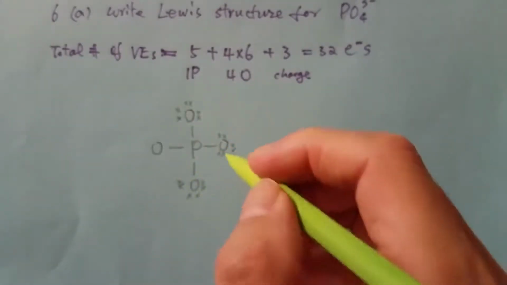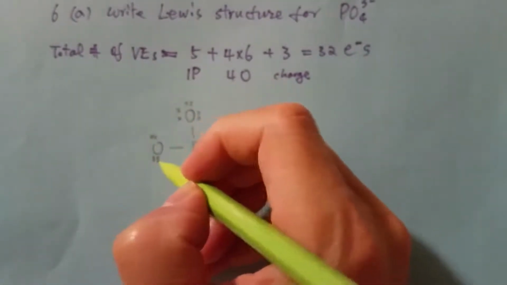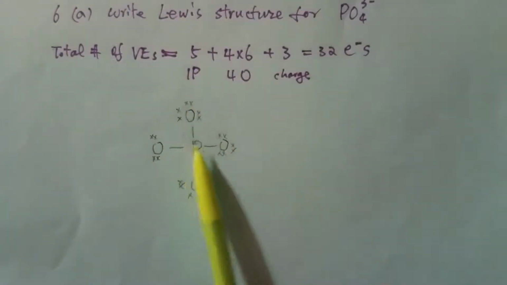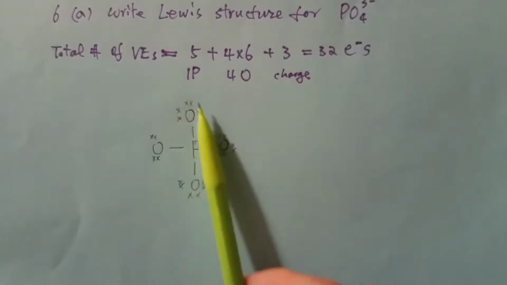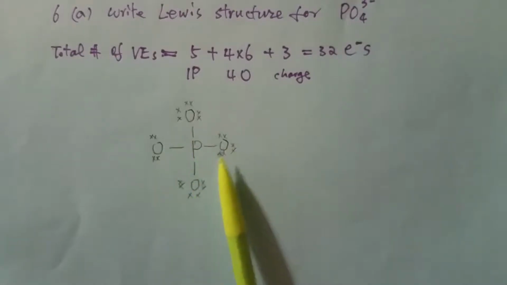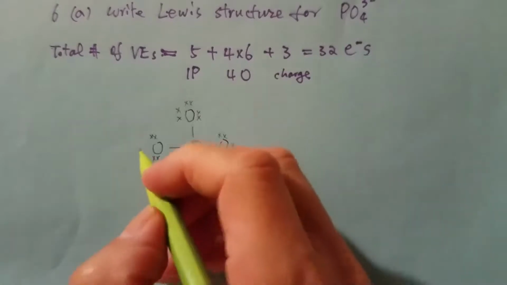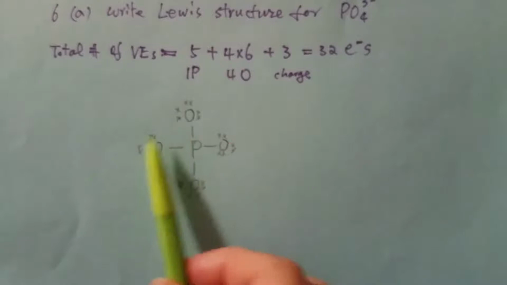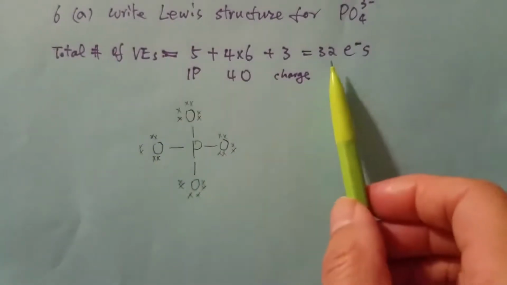So far, each oxygen has a total of 8 electrons. Another 8, another 8, and if I do this, that will be 8 electrons here too. Then 4 times 8, that's 32 electrons.